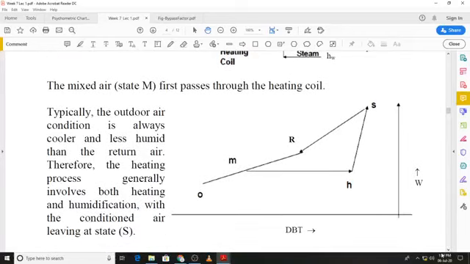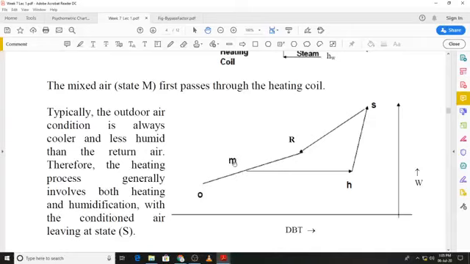As I said, typically the outside air is cooler and drier than the air or the state that you want in the conditioned space, that is state R. So you can see that O is at a lower dry bulb temperature and a lower humidity ratio. Similarly, state R, that is the desired state in the conditioned space, is at a higher temperature and a higher humidity ratio. So the air which is mixed at state R with state O will be at state M, adiabatic mixing of two air streams.